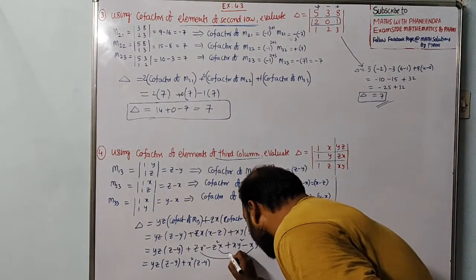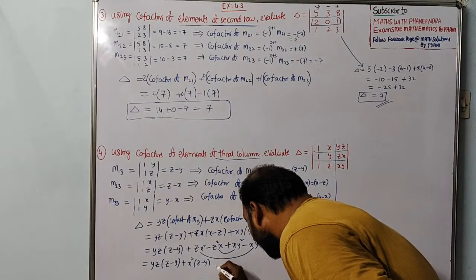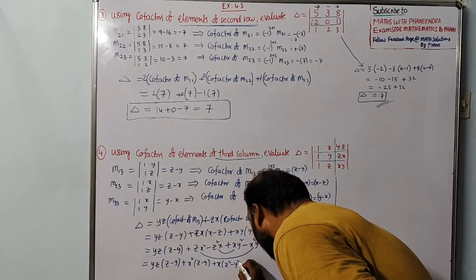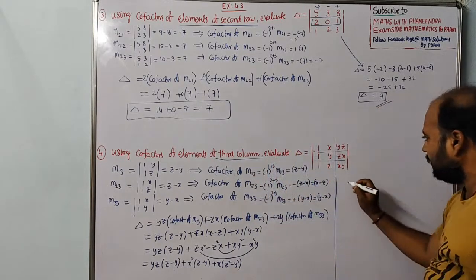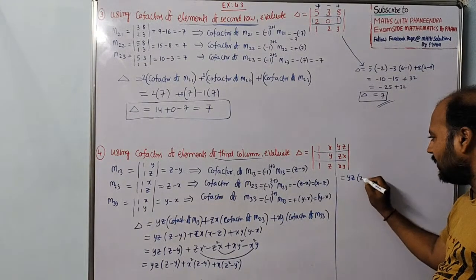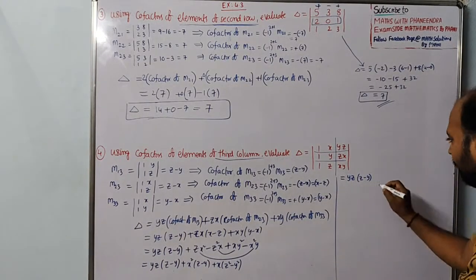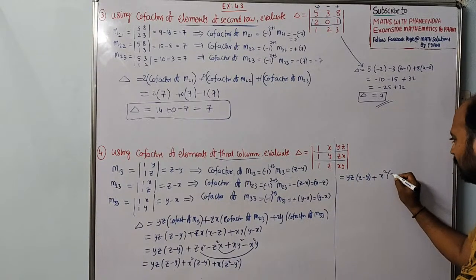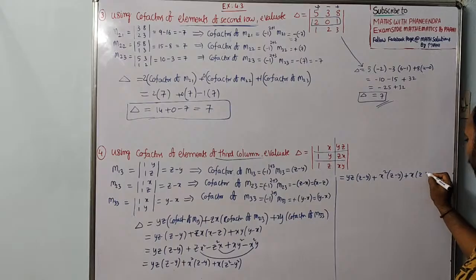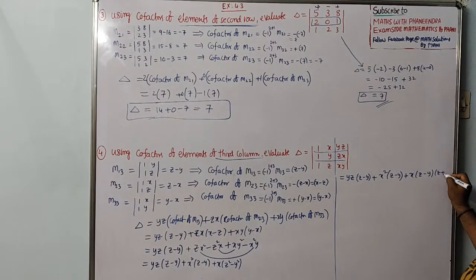Next, from these two also, if you take out common x, z square minus y square. Little twisted here students, we will find out. Yz into z minus y plus x square into z minus y plus x into z minus y into z plus y. Am I right?